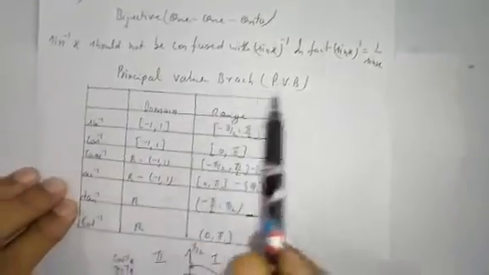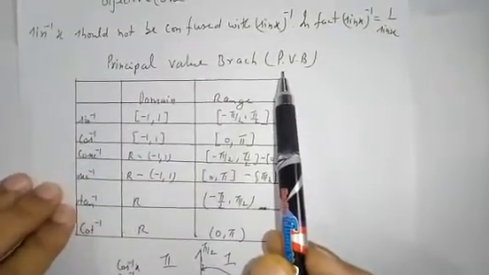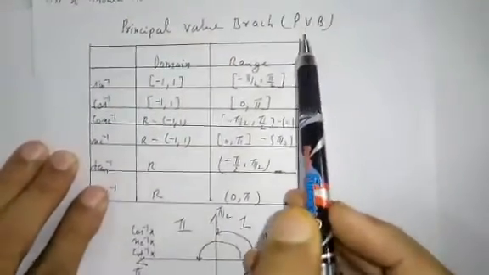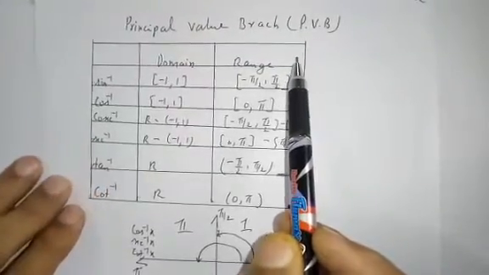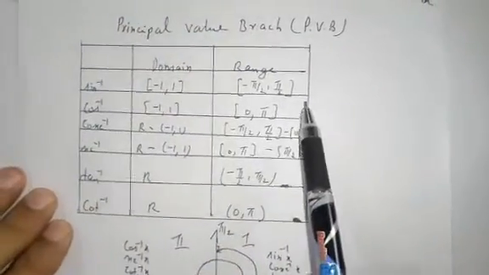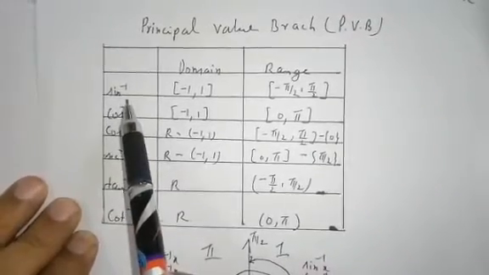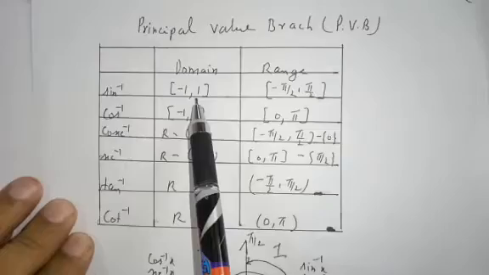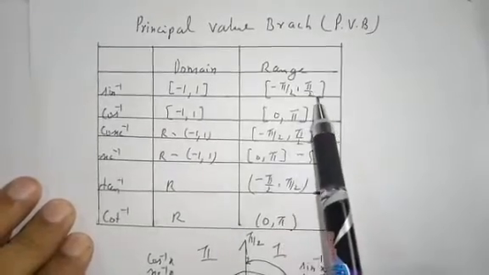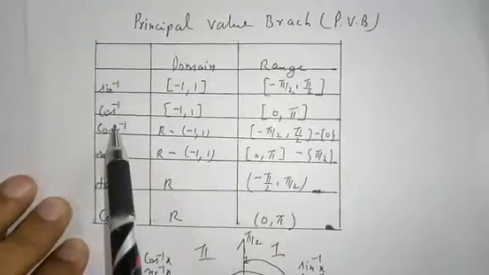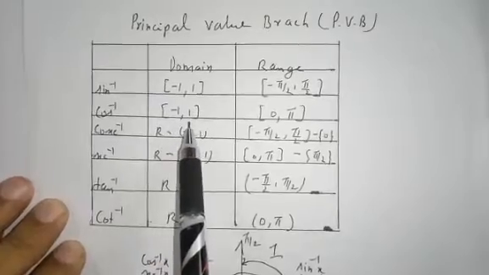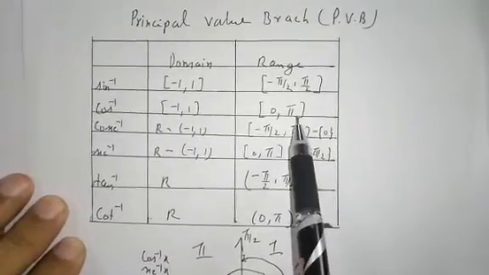The principal value branch: before dealing with the questions, it is compulsory to learn all the PVBs. For sine inverse, the domain is minus 1 to 1 and its range is minus pi by 2 to pi by 2. Cos inverse: domain is minus 1 to 1, range is 0 to pi.